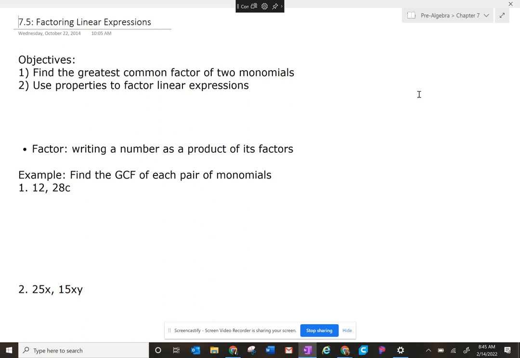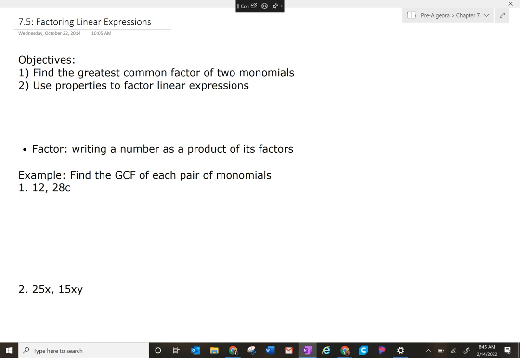Okay, so the stuff we're gonna do today, 7.5, factoring linear expressions. The first objective is to find the greatest common factor of two monomials.